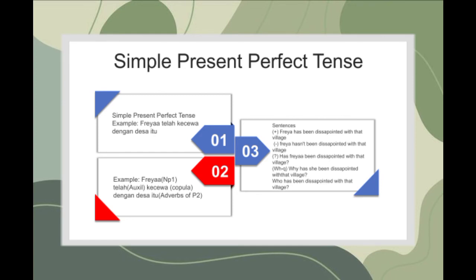Negative: Freya hasn't been disappointed with that village. Interrogative: has Freya been disappointed with that village? Why has she been disappointed with that village? Who has been disappointed with that village?